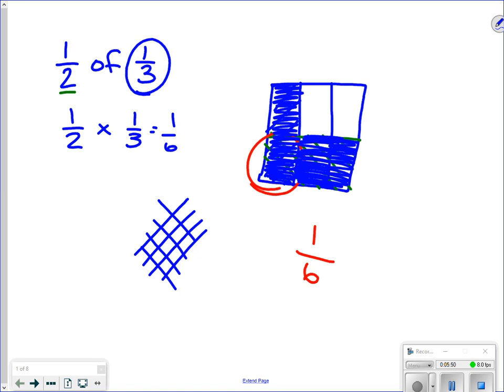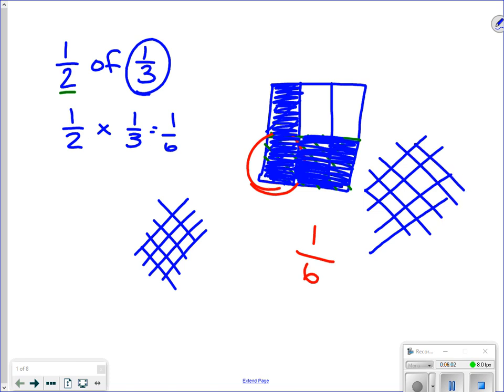That's why I said don't color the entire thing in. That's why I do lines going this way and then lines going this way so that I can clearly see there's only one square that has the double shading. This one does not. These two do not. There's only one that does.